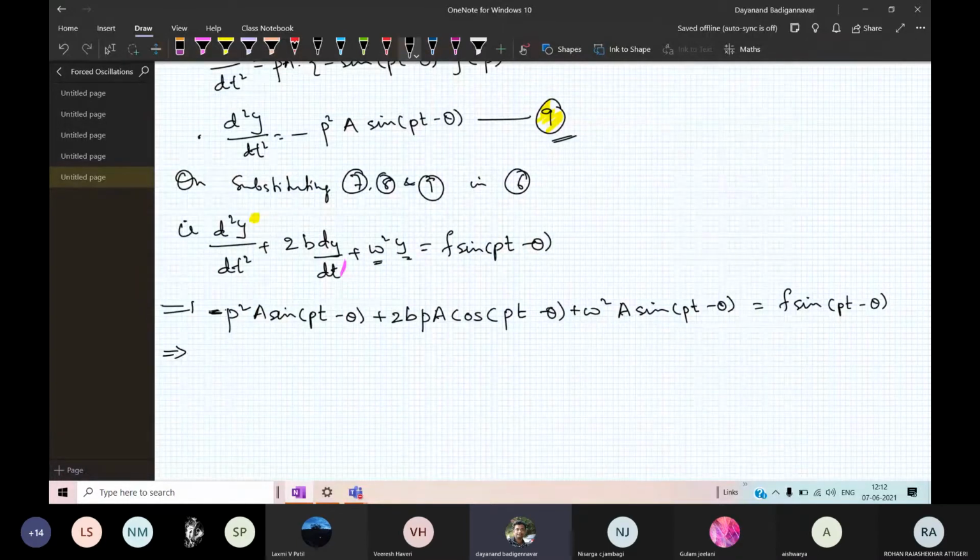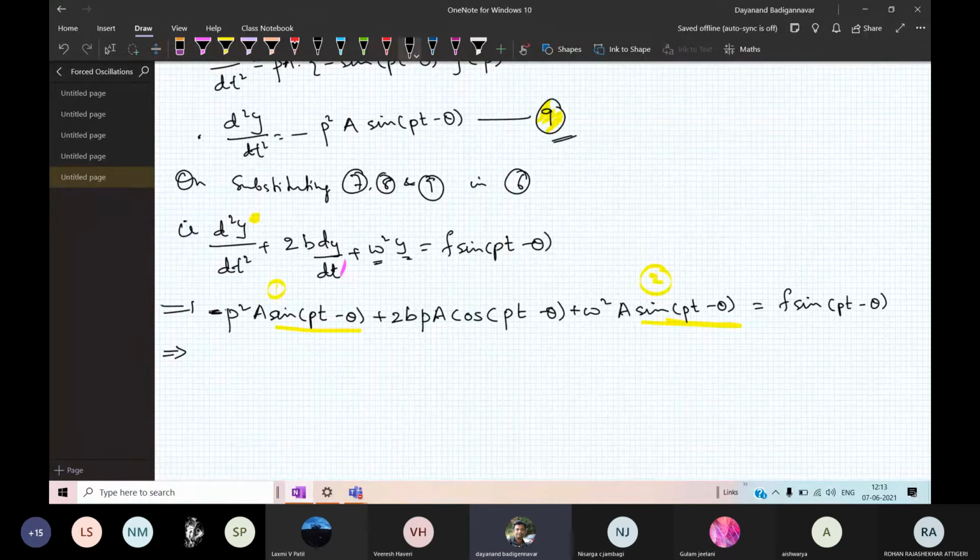Now look here, for a minute you have to be patient. Look at this sine pt minus theta. Here also I have sine pt minus theta. So from term number 1 and term number 3, of the three terms on the left hand side, you have a sine pt minus theta as common.